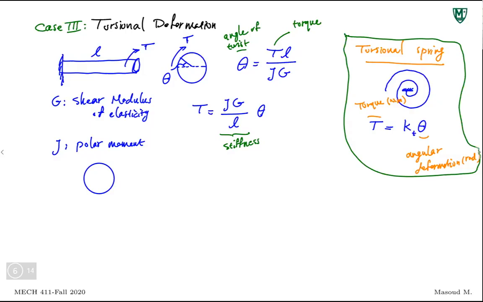Let's give it the diameter D. Does anyone remember the polar moment of inertia for this? I think it was pi d to the fourth power over 16. Very close. When we have the diameter, it's pi D to the 4 over 32. But yes, that's very close. Unless I'm wrong. Pi D to the 4 over 32.